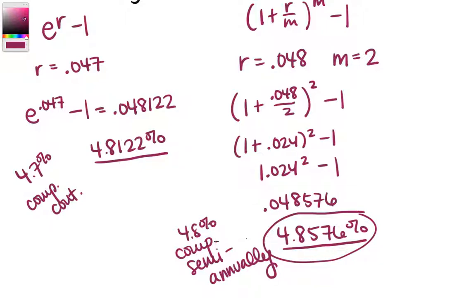Here it was also higher, from 4.8 to 4.85. But one thing to note is that the difference is larger in the compounding continuously. So compounding more often yielded a higher, well, not a strictly higher APY, but a bigger difference from original interest rate to APY. And that is it for today.